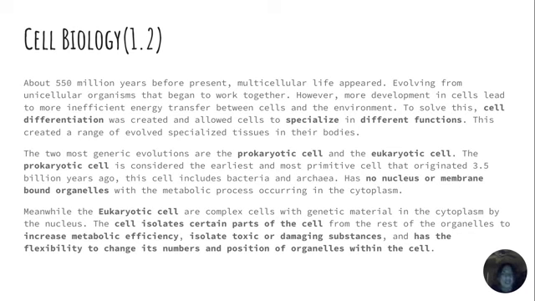Meanwhile, the eukaryotic cells are complex cells with genetic material enclosed by the nucleus. The cell isolates certain parts of the cell from the rest of the organelles to help increase metabolic efficiency, isolate toxic or damaging substances, and give it the flexibility to change the numbers and position of organelles within the cell.